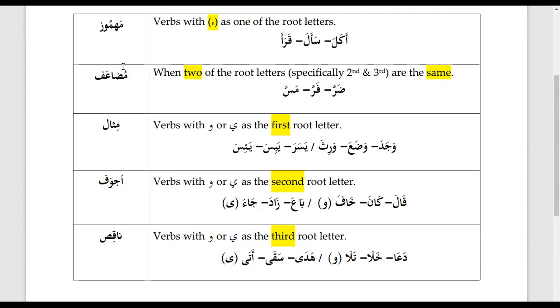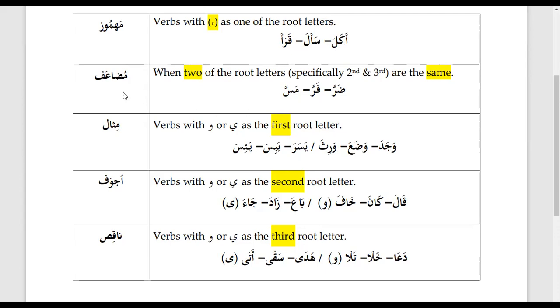Similarly, if you know the conjugation of dhahaba, you will be able to do the conjugation of wajada, wada'a, and waritha. Whereas the ones which are mudaf, ajwaf and naqis, there are small changes that take place when we reach the sixth form of the verb.